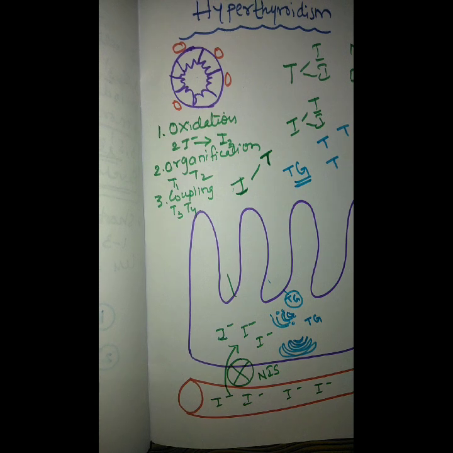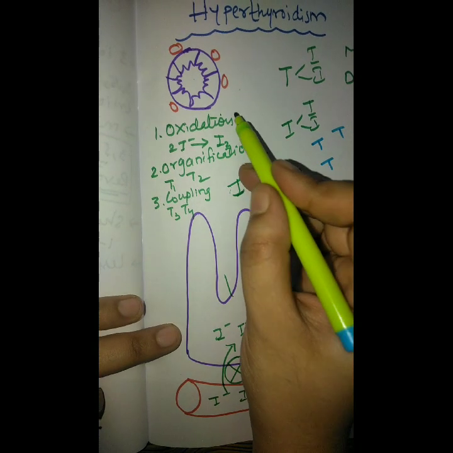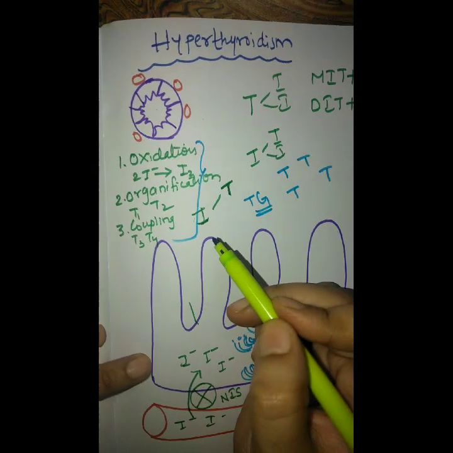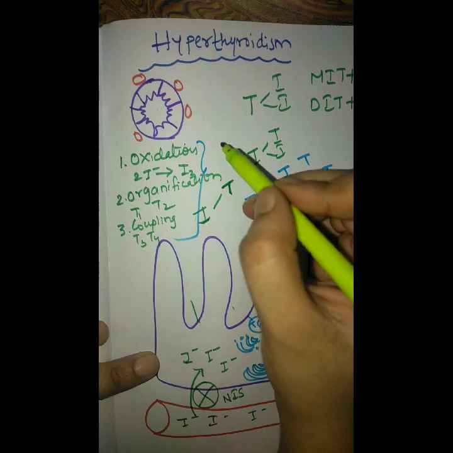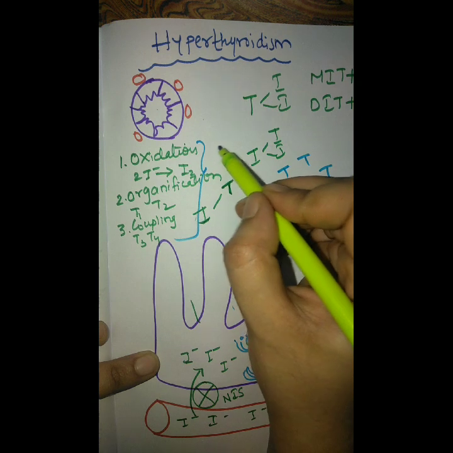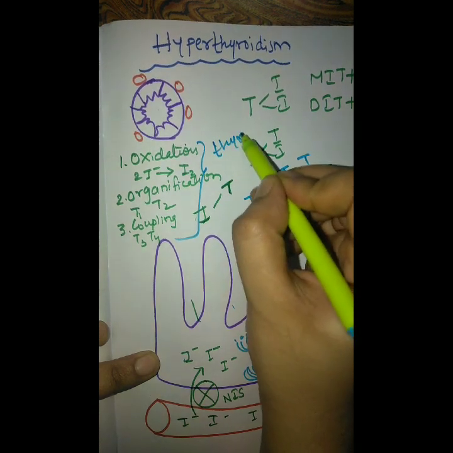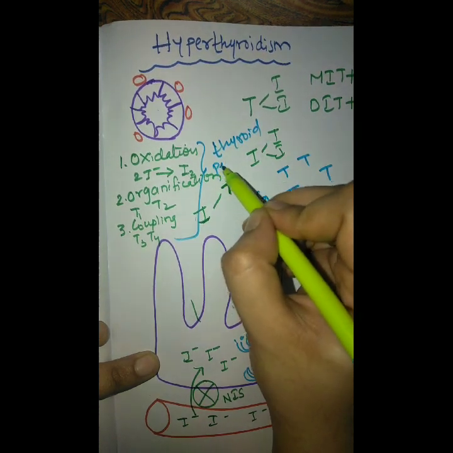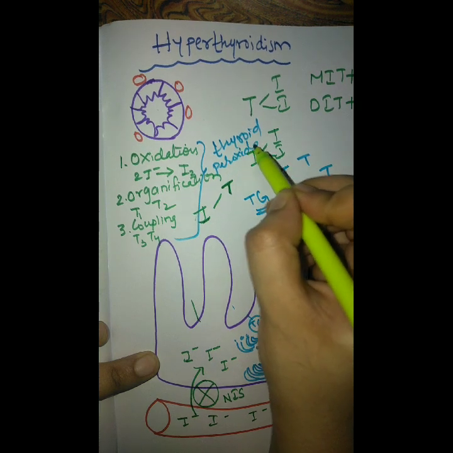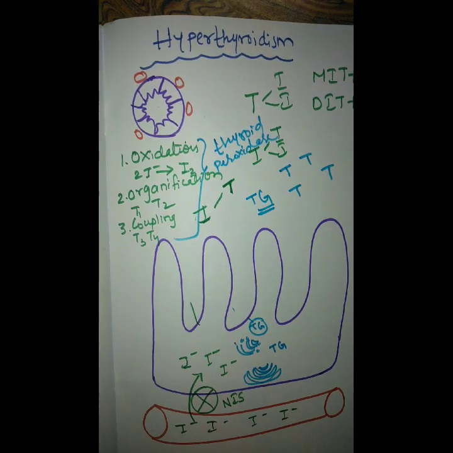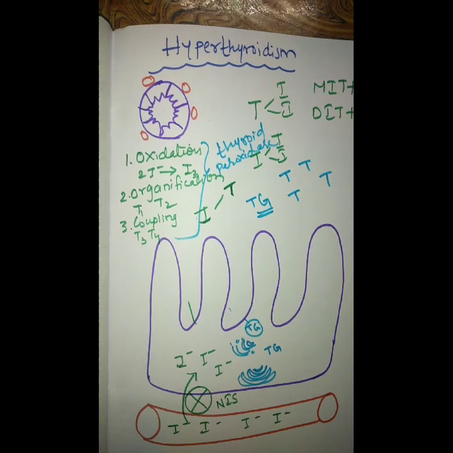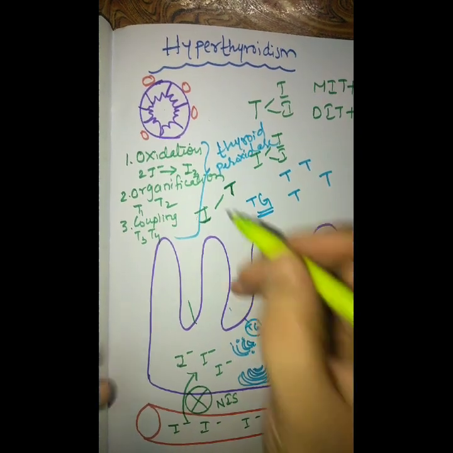Now the important thing is all these three reactions are carried out by a single enzyme. The name of that enzyme is thyroid peroxidase.